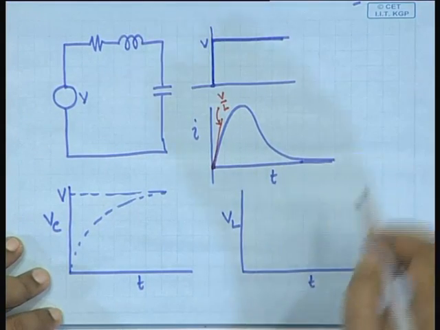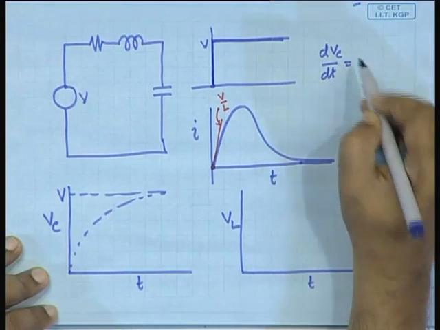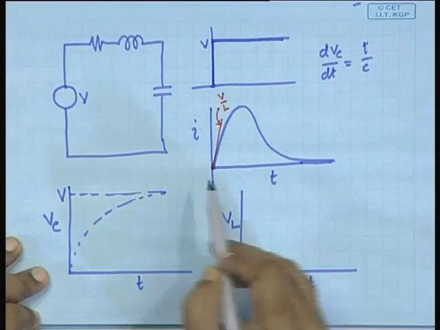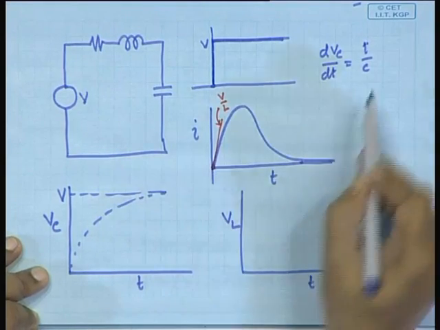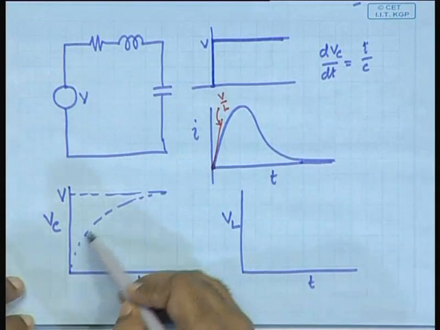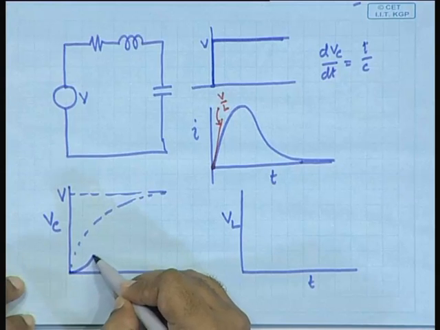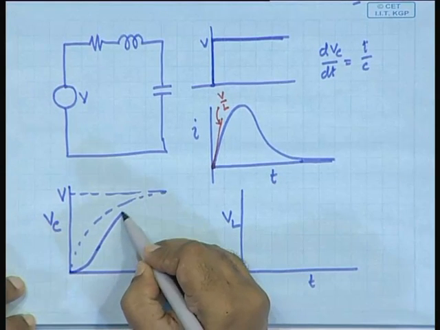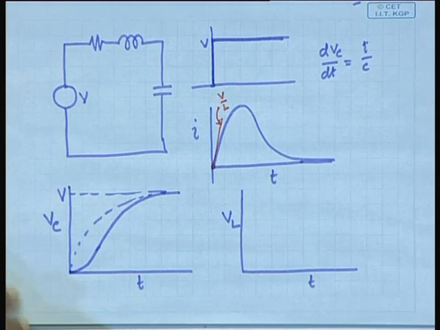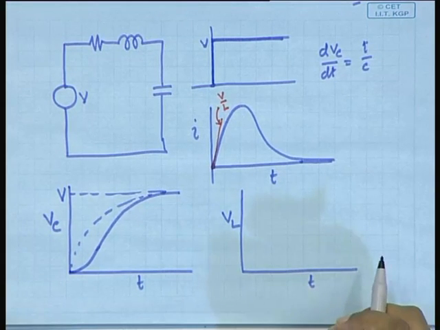I will write here dVc dt is equal to I by C. I at the initial condition is 0 and therefore, I by C is 0. So, dVc dt must start at 0. So, it cannot be like this, it must be like this, right.